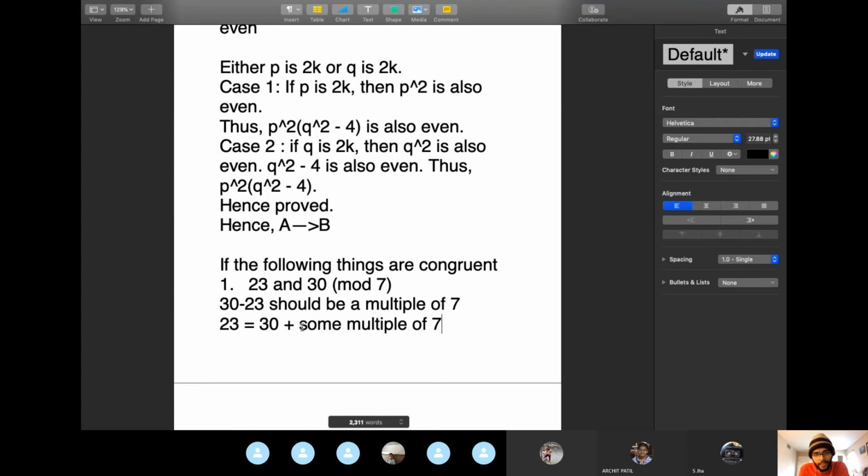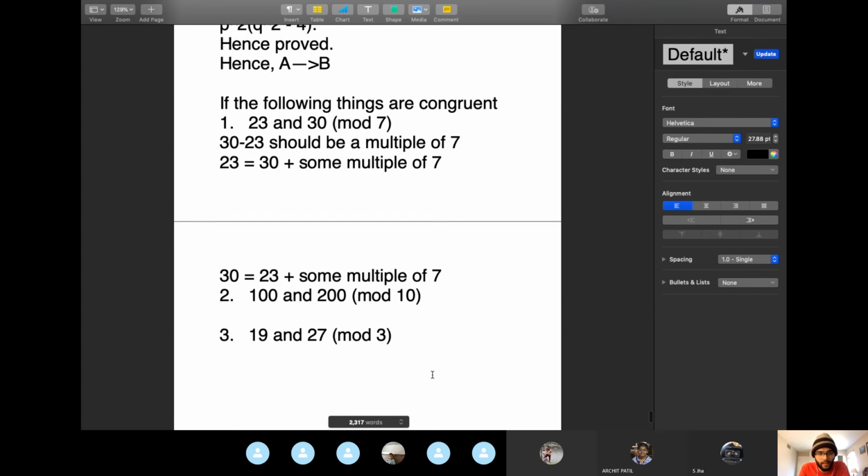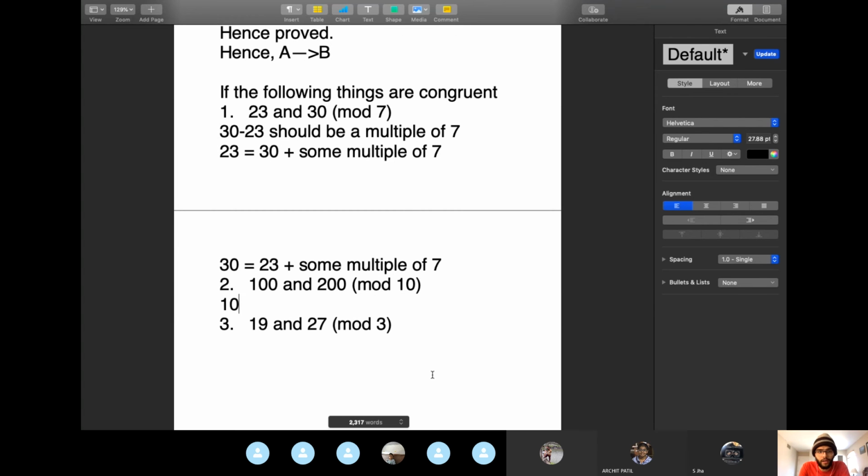In this case, that multiple is negative, it is minus 7. Or you can also say that 30 is equal to 23 plus some multiple of 7. Or we'll say 200 is equal to 100 plus some multiple of 10.